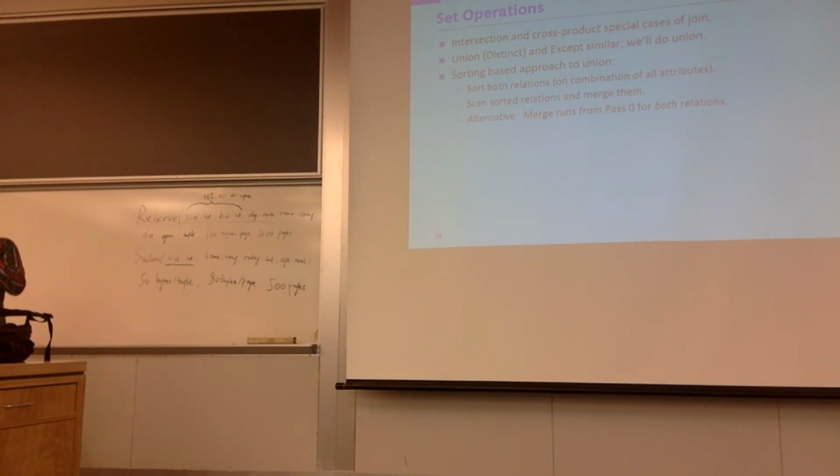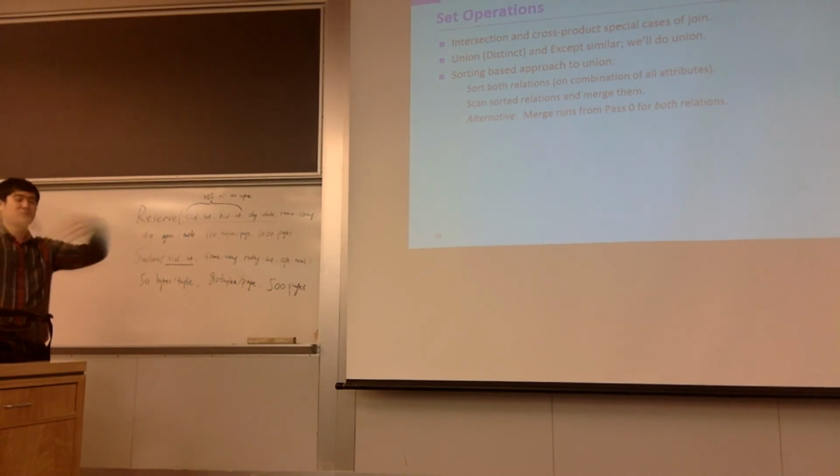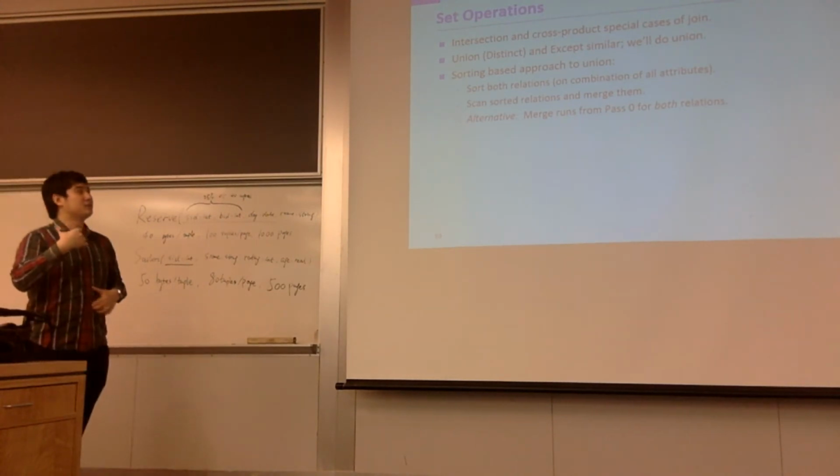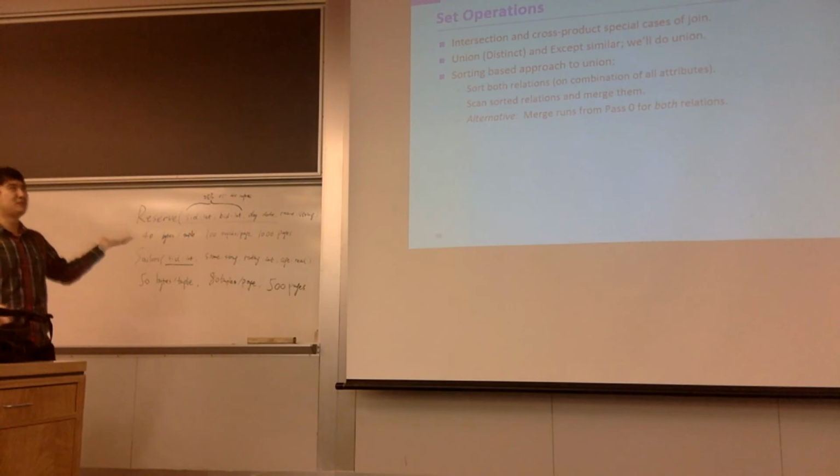But anyway, if you're doing an intersection, it's basically a special case of join. You're joining on every attribute, using the entire schema as your join attributes. Or if you're doing a cross product, that's also a special case of join.